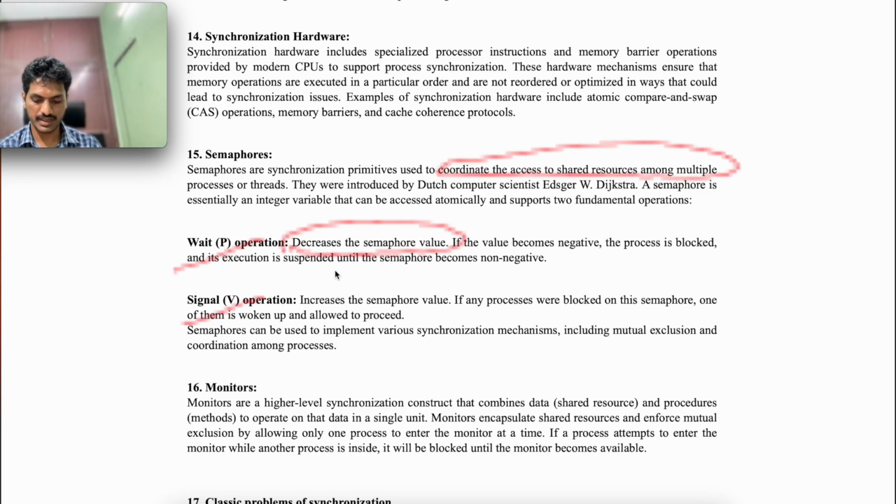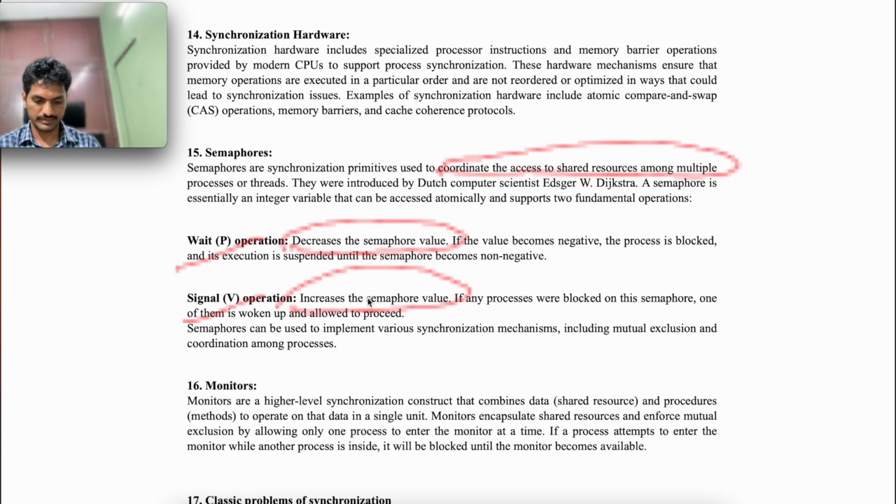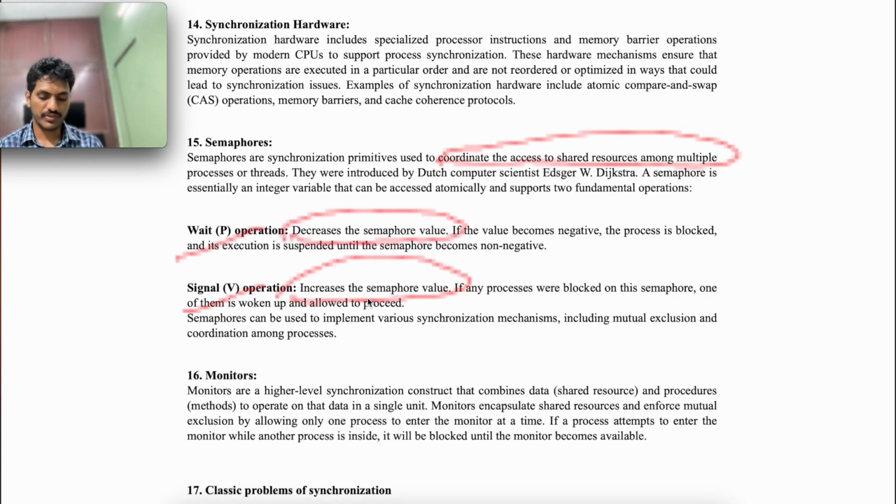Also remember, the signal operation increases the value of the semaphore. Semaphore is an integer variable. So when there is a wait operation, it decreases the semaphore value, and when there is a signal operation, it increases the semaphore value.